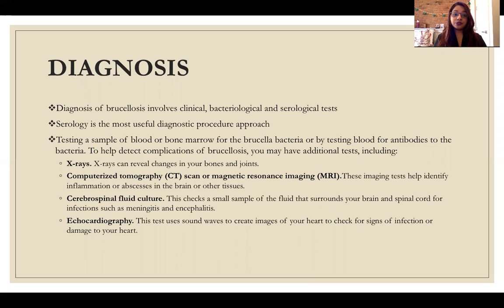Serology is actually the most useful diagnostic approach, and this involves testing a sample of blood, or even a sample of bone marrow, for the Brucella bacteria, or testing the blood for antibodies to the bacteria that can help with diagnosing the infection. If you detect complications of brucellosis, you might have to do additional tests, including X-rays, CT or MRI, cerebrospinal fluid culture, or echocardiography to make sure that the patient does not have any type of endocarditis.